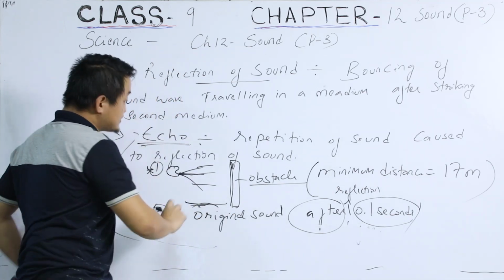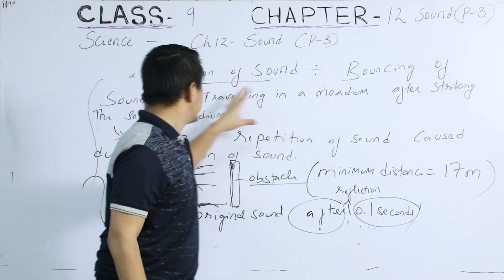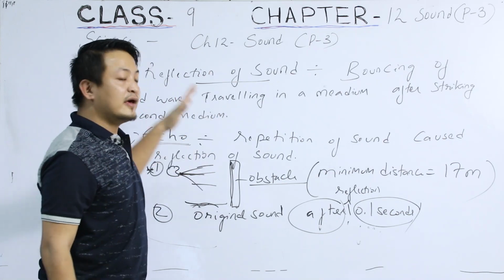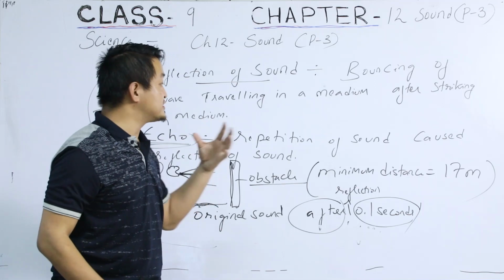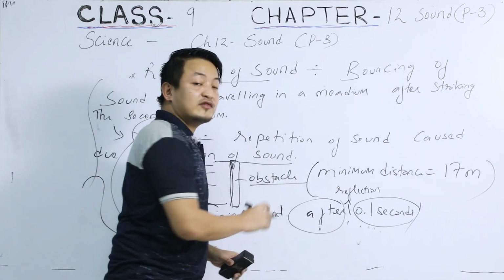Now see, in reflection of sound, the first point is the bouncing of the sound wave. Bouncing of sound is reflection of sound, and the example is an echo. An echo is a repetition of sound caused due to reflection of sound.